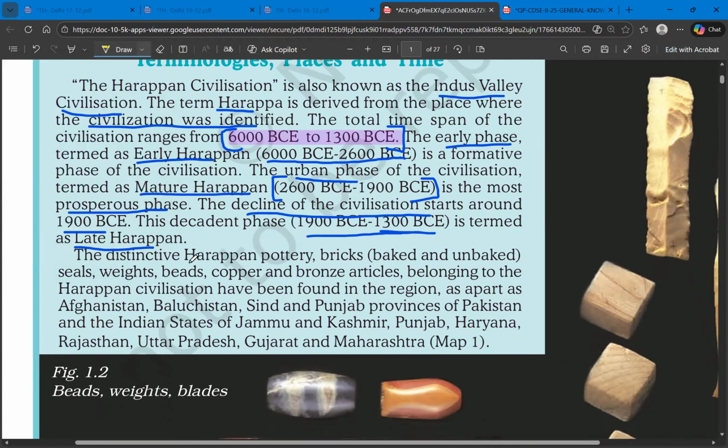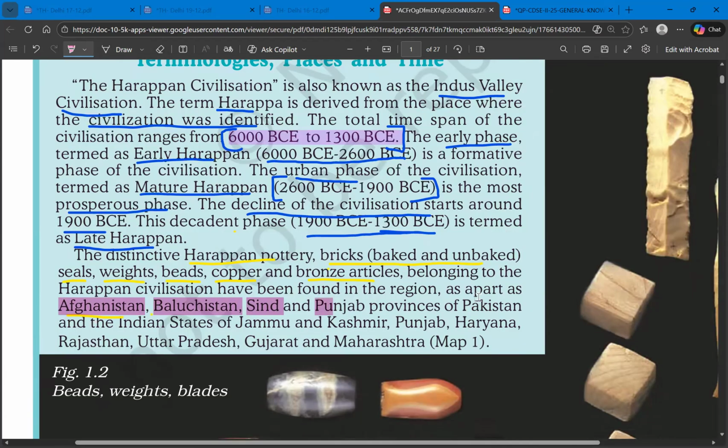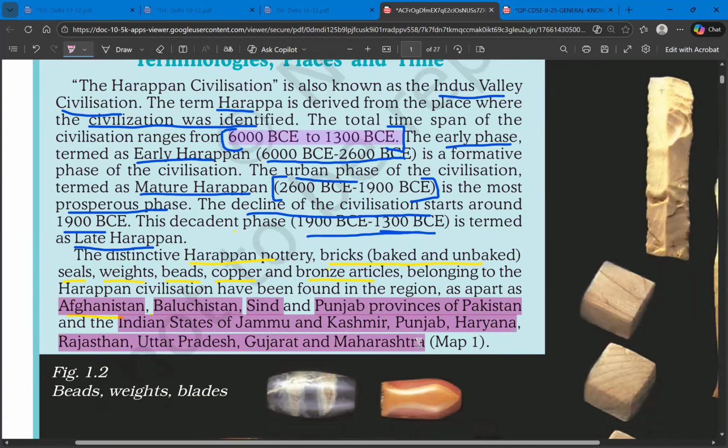The distinctive Harappan pottery, bricks, both baked and unbaked, seals, weights, beads, and copper and bronze articles belonging to the Harappan civilization have been found in regions as far apart as Afghanistan, Baluchistan, Sindh, Punjab provinces of Pakistan, and the Indian states of Jammu and Kashmir, Punjab, Haryana, Rajasthan, Uttar Pradesh, Gujarat, and Maharashtra.